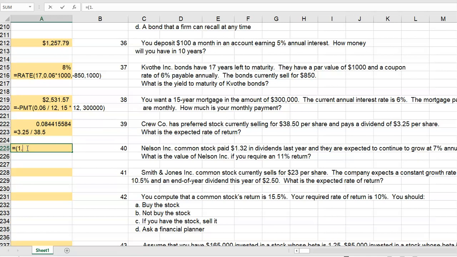So it's 1.32 times 1 plus what? 0.07, divided by my expected rate of return 0.11 minus the growth rate 0.07. 35, 31.